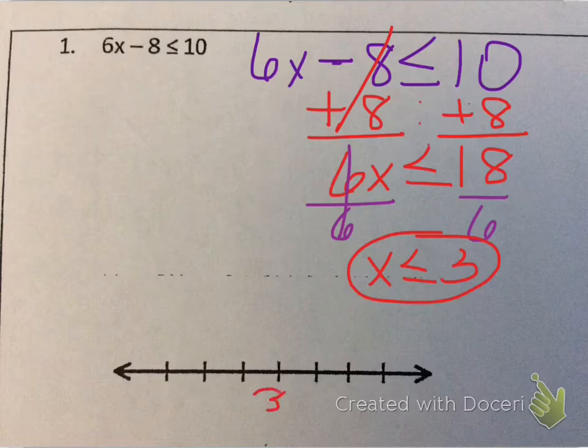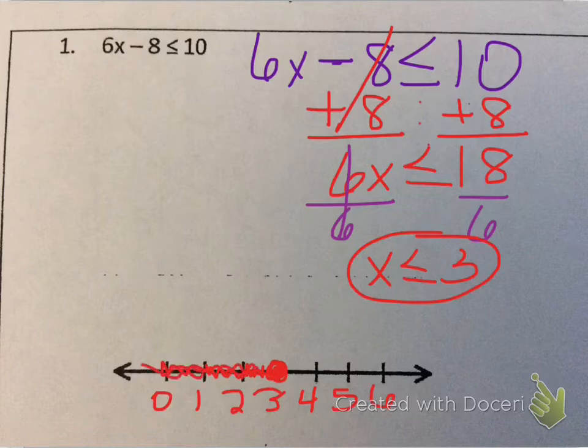We have 3, then 4, 5, 6, and 2, 1, 0, and that's less than or equal to, so that includes 3. Closed circle, and everything to the left would be less than or equal to. Make sure you bring that all the way past your arrow here, so you're showing that it'll continue in this direction.